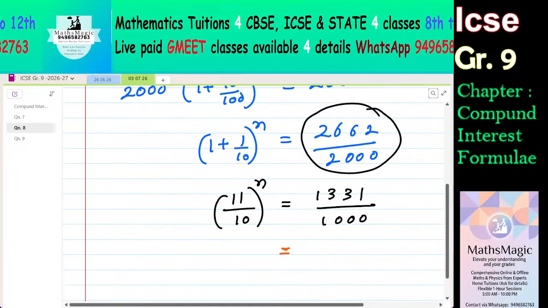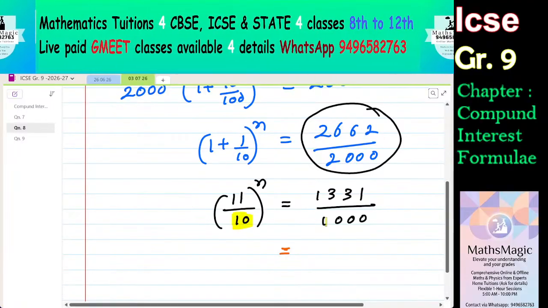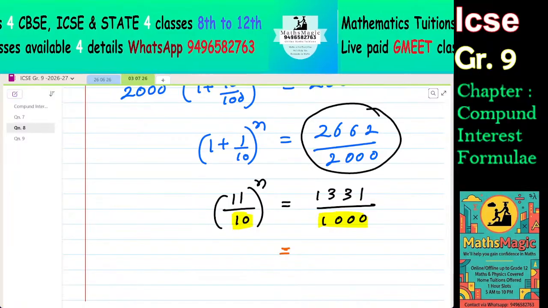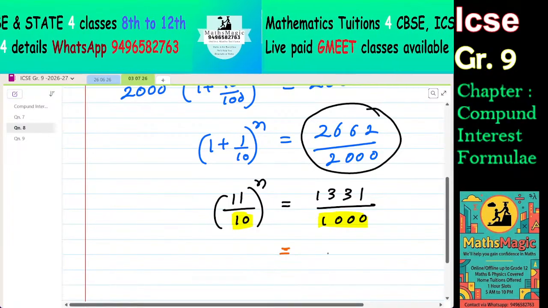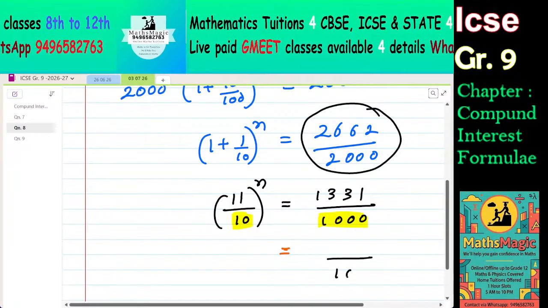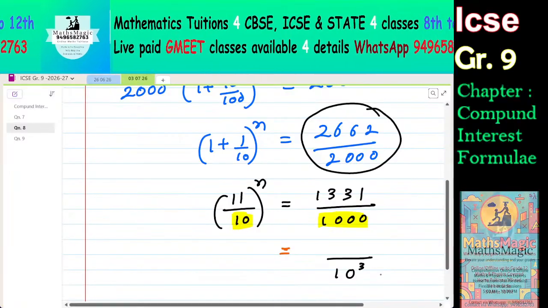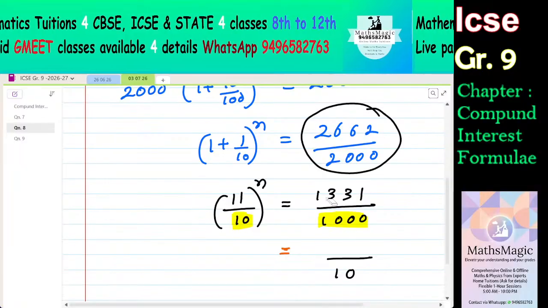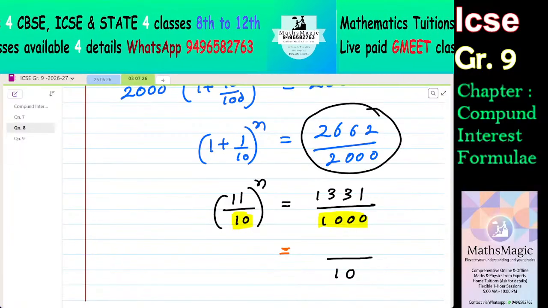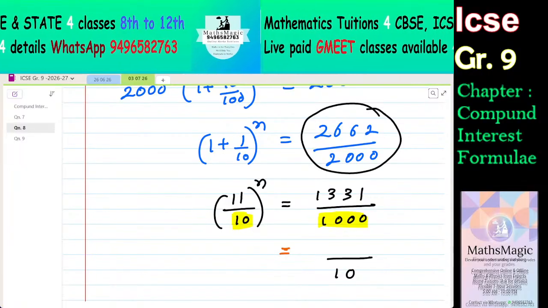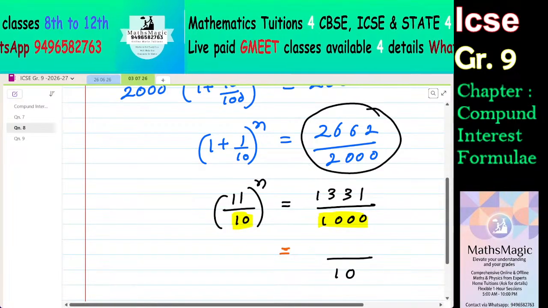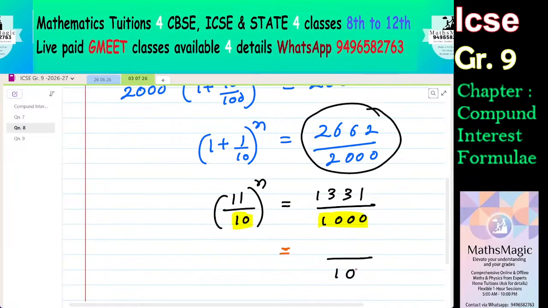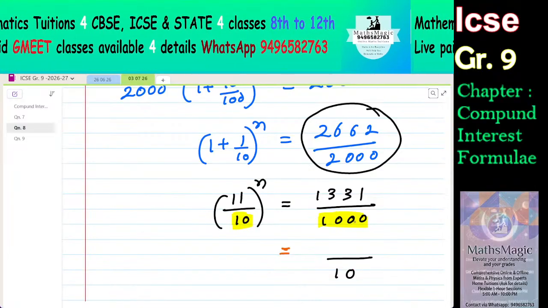Here we have 10, and here we have 1000, so we have a chance of getting 10 cube. This may be some number cube, and it should be greater than 10, because it's greater than 1000.